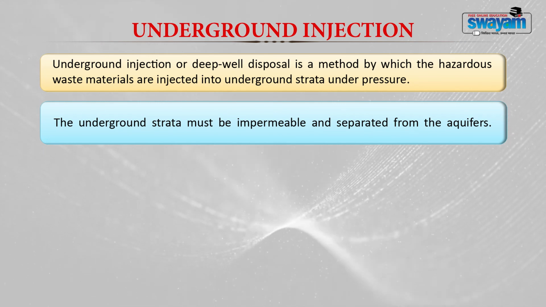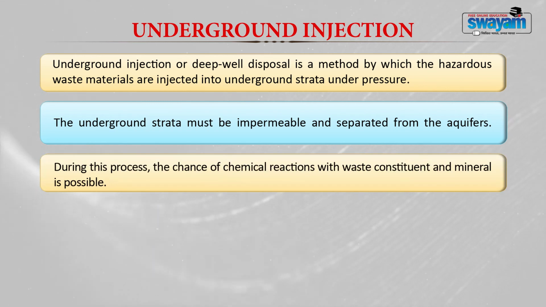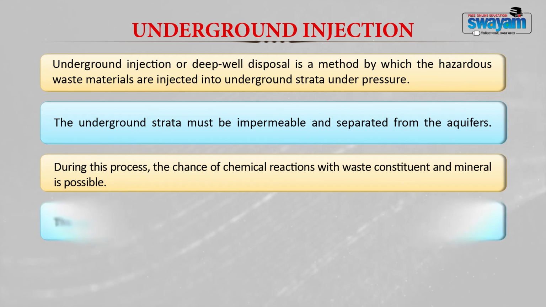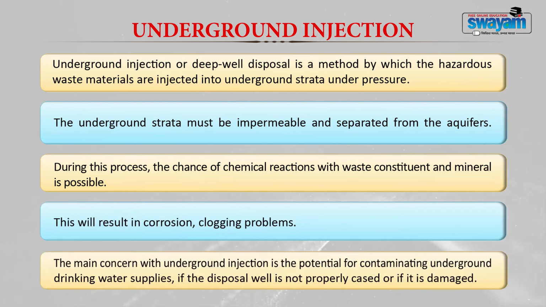Again, this is done to avoid pollution of your groundwater. Now, during this process, the chance of chemical reaction with waste constituent and mineral is possible. This will result in corrosion and clogging problems. The main concern with the underground injection is the potential for contaminating your underground drinking water supplies if the disposal well is not properly cased or if it is damaged.